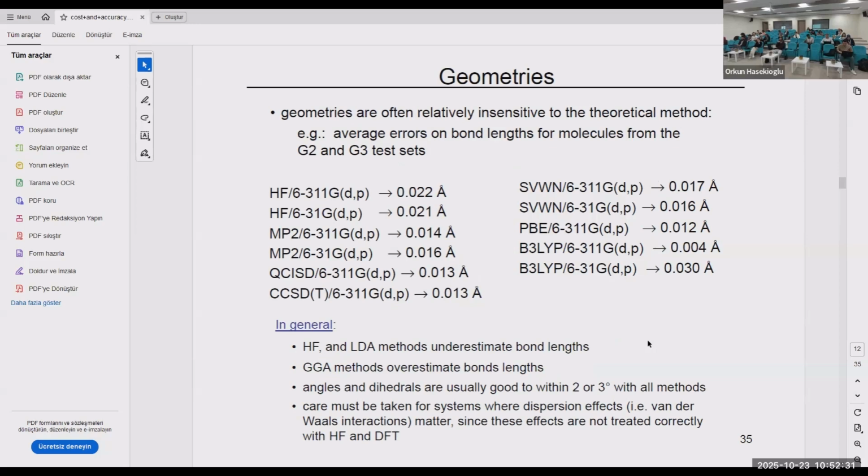MP2 methods overestimate bond lengths. We talked about that yesterday too. Angles and dihedrals are usually good to within 2 to 3 degrees with all methods. And care must be taken for systems where dispersion effects, meaning van der Waals interactions, matter, since these effects are not treated correctly with Hartree-Fock or density functional theory.